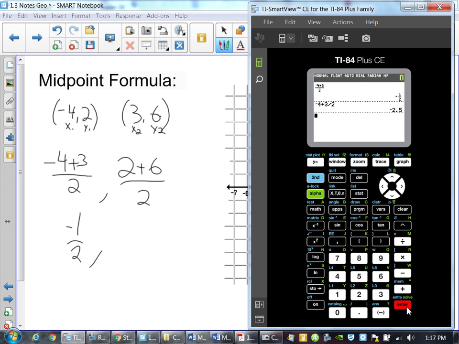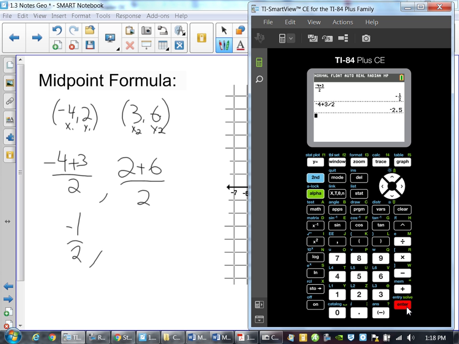Alpha is the third button down on the left. Oh, hey, you don't have that. Never mind. And don't negate, just put the -4 plus 3 over all that.